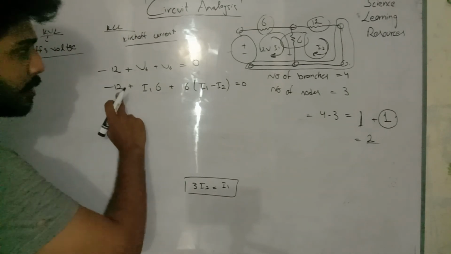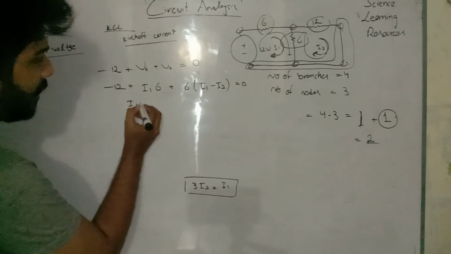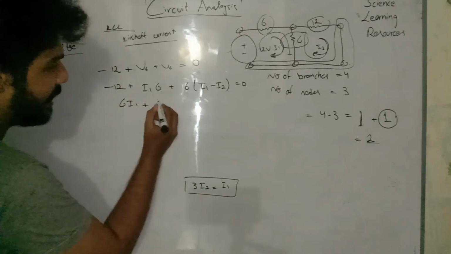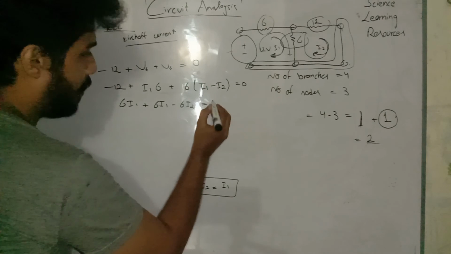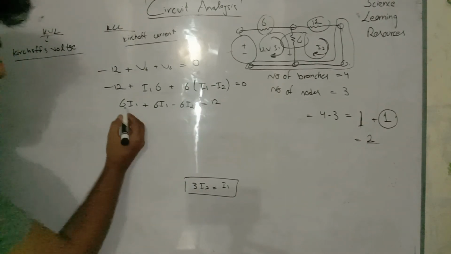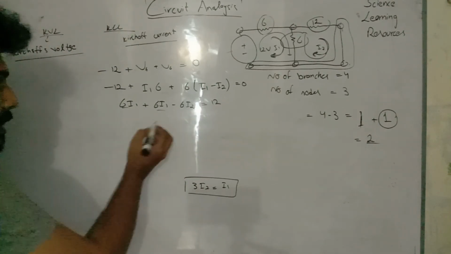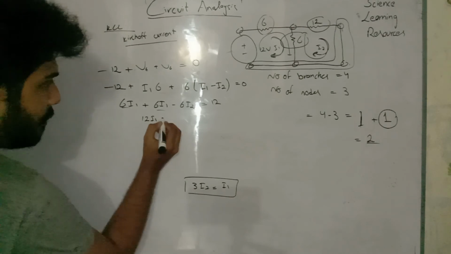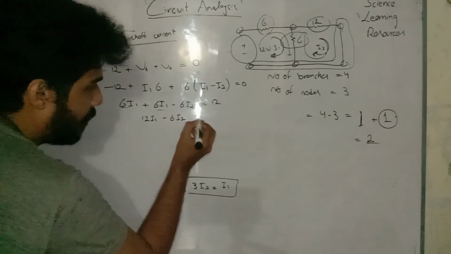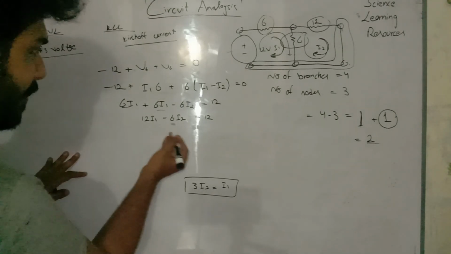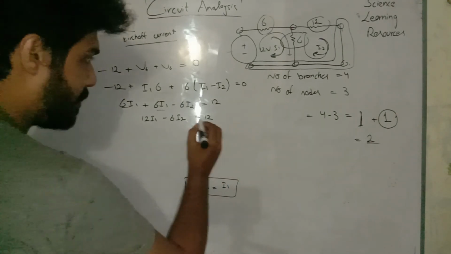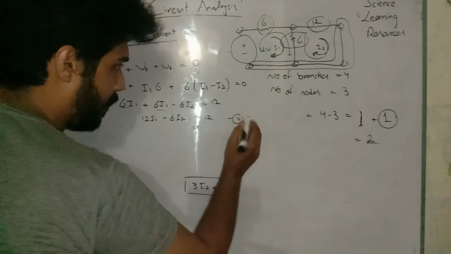So let me take this 12 here. 6 I1 plus 6 I1 minus 6 I2 equals 12. And after that, this 6 and this 6 give 12 I1 minus 6 I2 equals 12. So we have two unknowns, I1 and I2, and that's why we have two equations in order to calculate them.